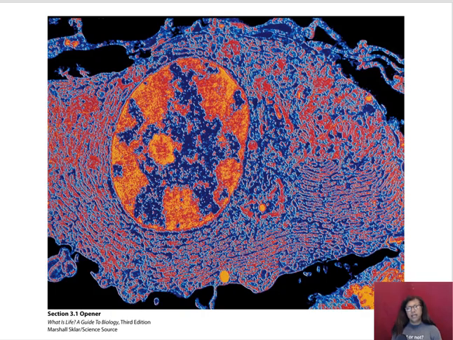Why do you need to learn about cells, right? Because everything that makes up you is all about a mass of cells. You are a mass of cells. And it's great when they're all working together in concert as a team to keep you healthy and to keep you functioning.